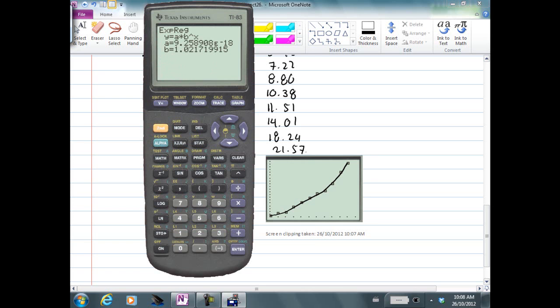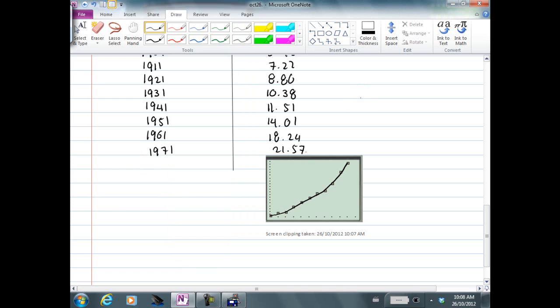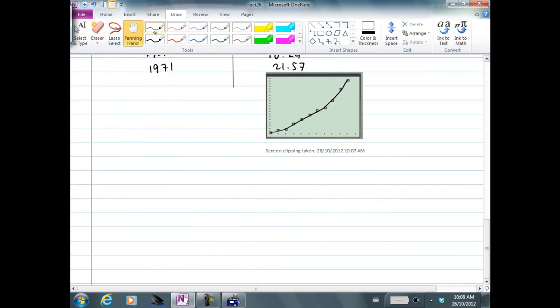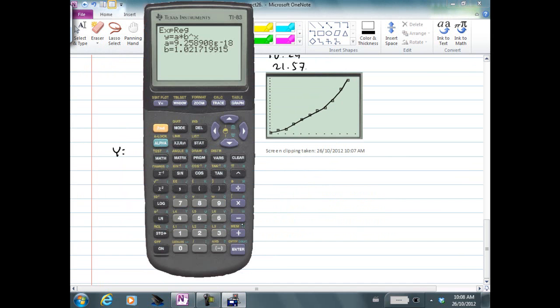So look, there's that a, b, x I was talking to you about. A is 9.25 to the power of negative 18. Oh, it's 9.00? It's fine. So we're going to rewrite this down as y equals. Your graph should show up like that.